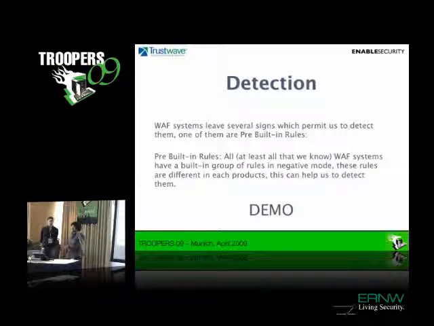So, apart from detecting the presence of a web application firewall, we can also fingerprint them. We can find out which rules, because each web application firewall has a different set of rules. They might share some of them, but each has its own set of rules. We can actually fingerprint and find out precisely which vendor is installed.